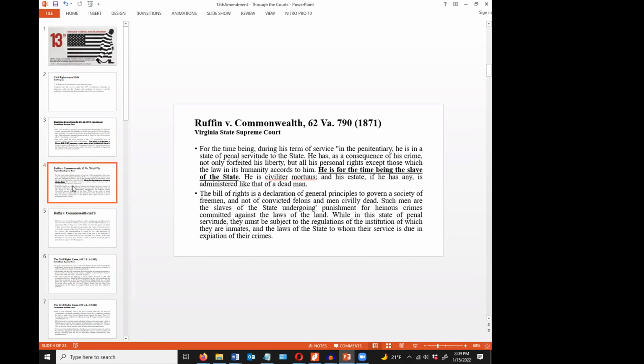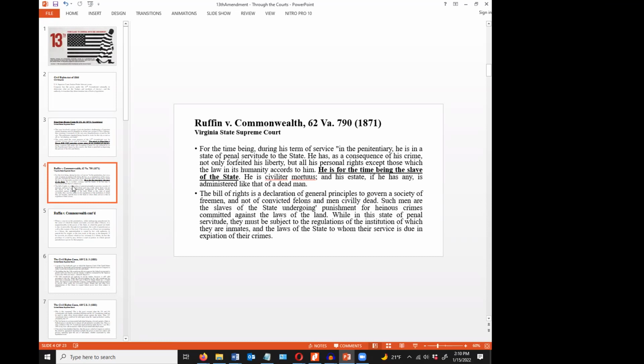He is, for the time being, the slave of the state. This is a court saying this. He is civiliter mortuus, and his estate, if he has any, is administered like that of a dead man. The Bill of Rights is a declaration of general principles to govern the society of free men, and not of convicted felons and men civilly dead.